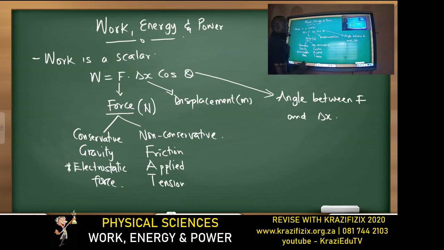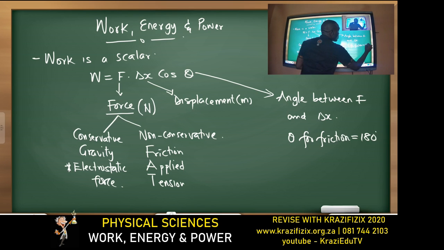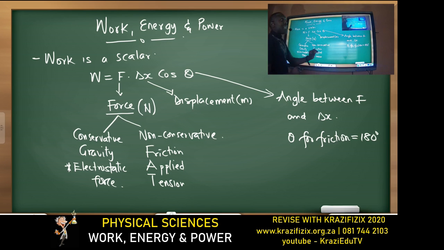One thing I can quickly tell you is that theta for frictional force will always be equal to 180 degrees, and so we can take our clue from that. That's going to help you a lot if you keep your eyes on that.